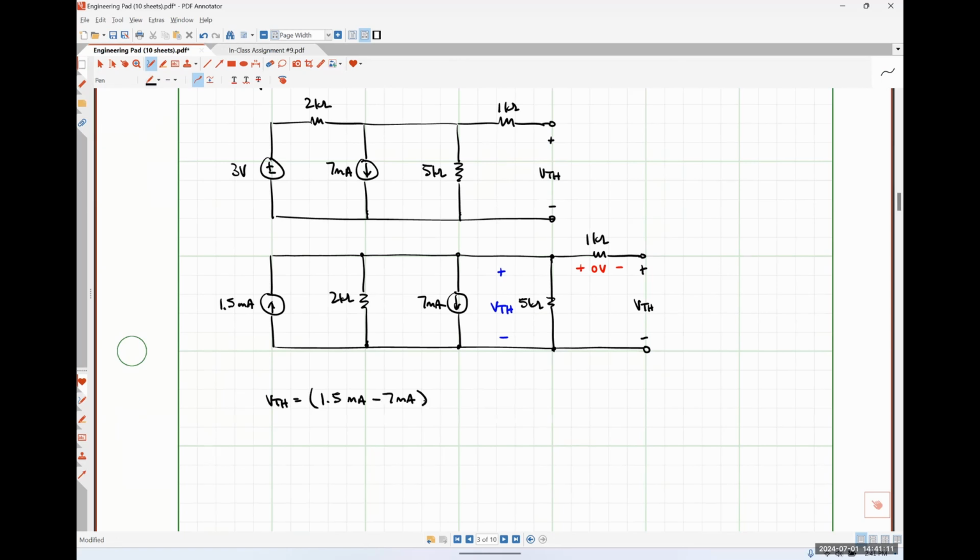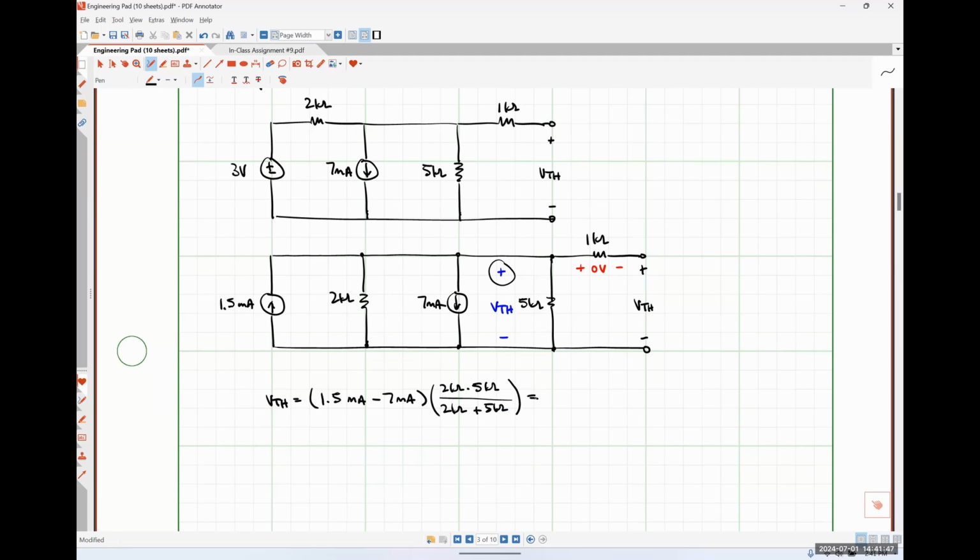That's me just combining those two current sources together in parallel. There's a minus sign there because they are in opposite directions. I'm giving the 1.5 milliamp the plus sign because I want the resultant current to be the one flowing up into the positive polarity terminal. Now I'm going to have 2 kilo ohms times 5 kilo ohms over 2 kilo ohms plus 5 kilo ohms.